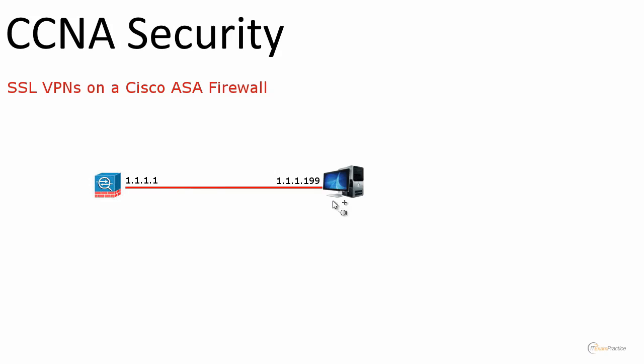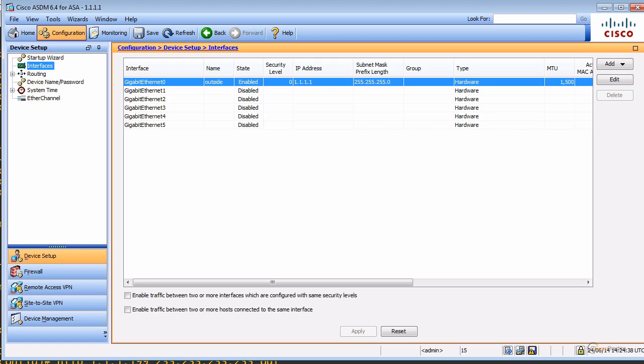Here, that's our topology. ASA, outside IP address 1.1.1.1. Sorry, and PC is 1.1.1.199. Okay, I have my ASDM up and running and it should be okay this time.